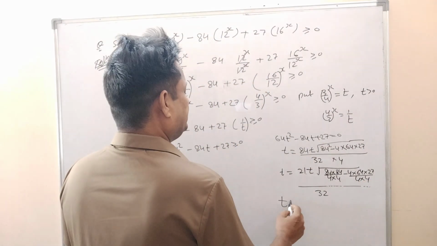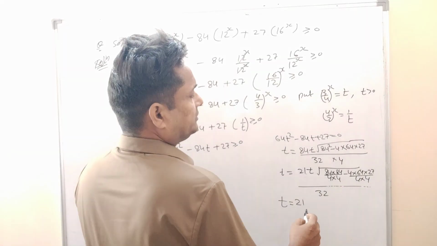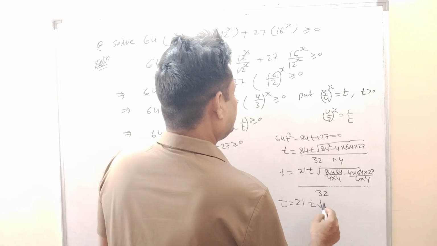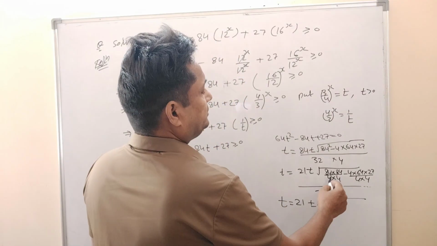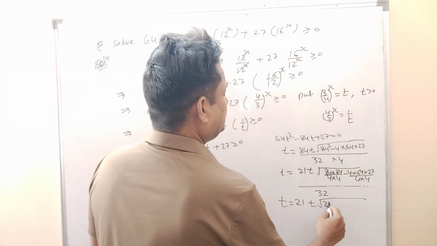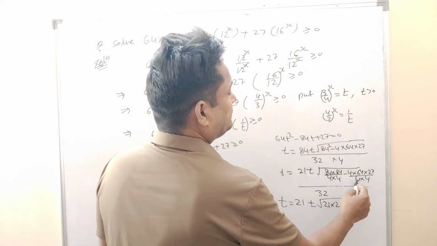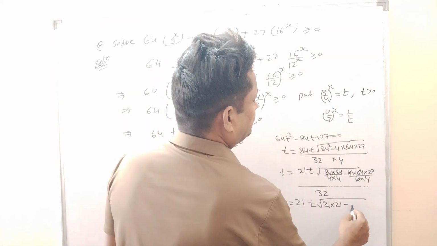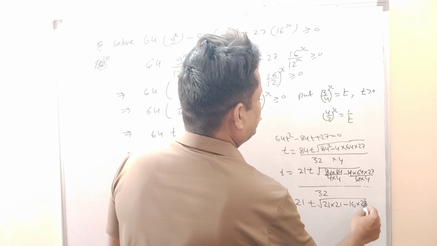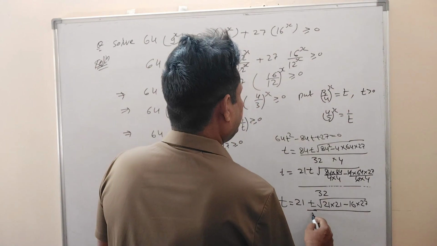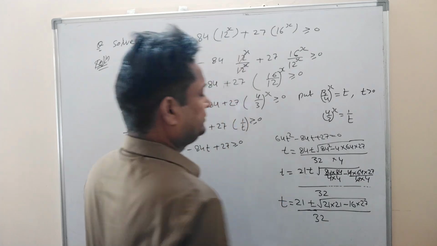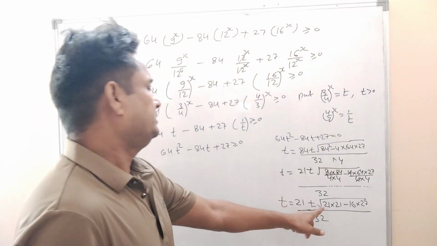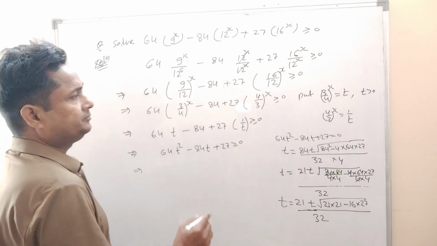So now t is equal to 21 plus minus under root of, this you can cancel out, so this will be 21 into 21 minus 16 into 27, divided by 32. Right? So this can be written as how much?